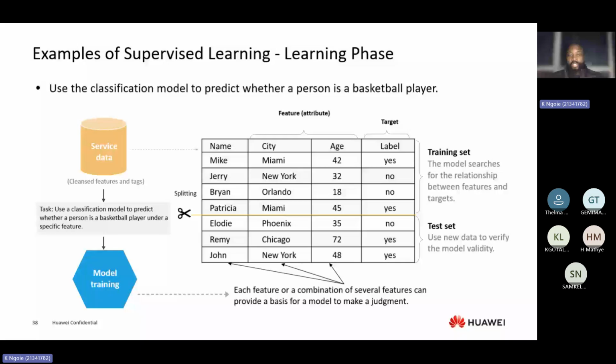Okay, but here a feature selection will get us to use the city and the age, and the name of the person. Those are the features, and the target has to be a yes or a no.